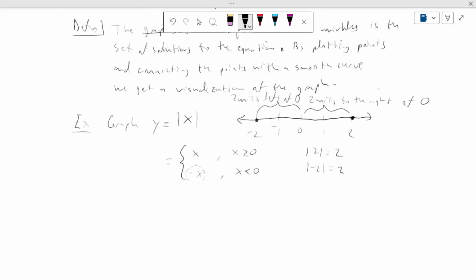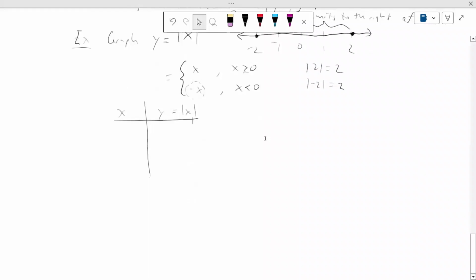Now we can just plot points. Here's x, here's y equals the absolute value of x. Let's say we go from -3 to +3 again. So -3, -2, -1. Remember that y equals the absolute value of -3 is the same thing as multiplying -3 by -1 to get +3.